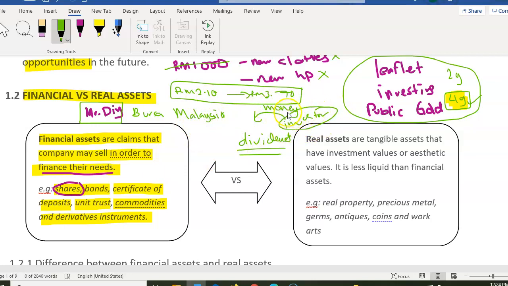This is a kind of profit yang investor tu akan dapat. In the meanwhile, when they are buying those shares, they are giving some money to this Mr. DIY company. Okay. So the same concept goes to bonds. Government also issues bonds to finance big and mega projects for the citizens, right?